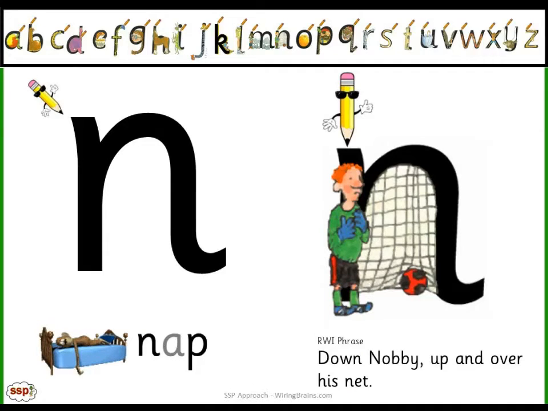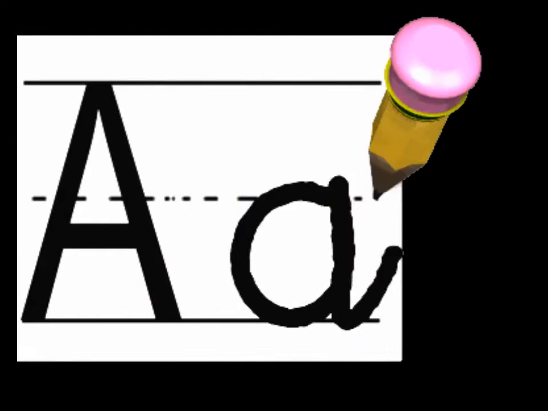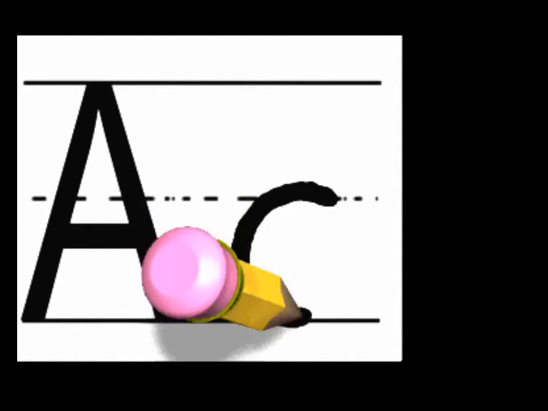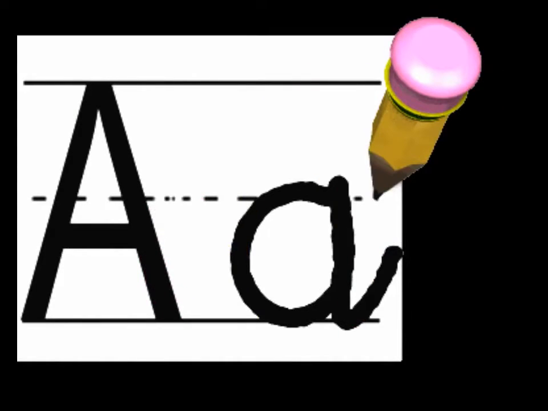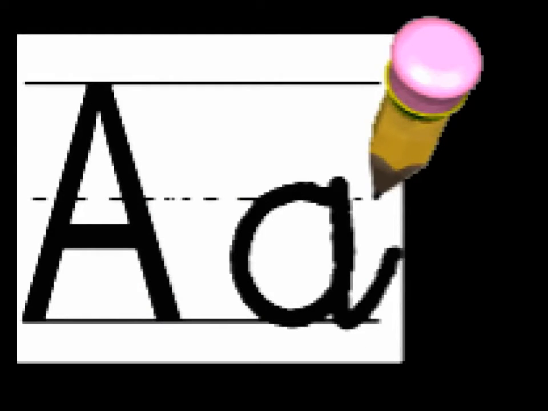If you're going down Nobby, up and over his net, it's very difficult to start from the bottom. Another thing they help us do is not take the pencil off the paper unless we absolutely have to. This means your writing will flow a lot more easily. You'll not only get the direction right, but you'll also be ready to move on to the next letter, so your writing will be a lot quicker and neater, and that's what we want.